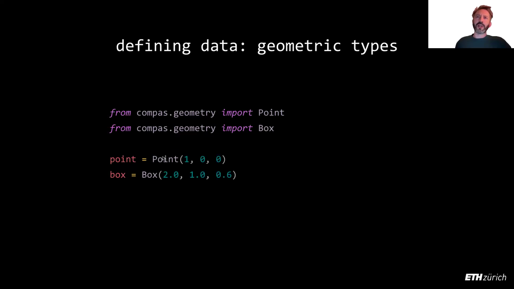You will notice that all these types are capitalized, the first letter. That is a sign that this is a class, actually. So class point is a class, and we're creating a new instance of it, and we're just passing the x, y, and z values, coordinates of the point. Box is the same, well, it has three parameters. Different types will have different parameters.